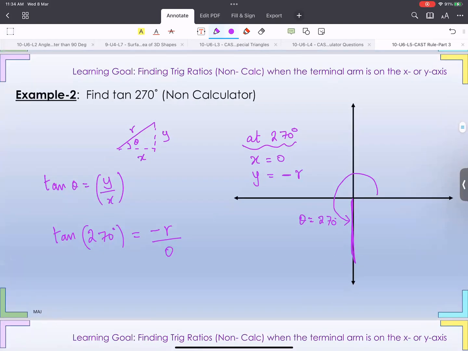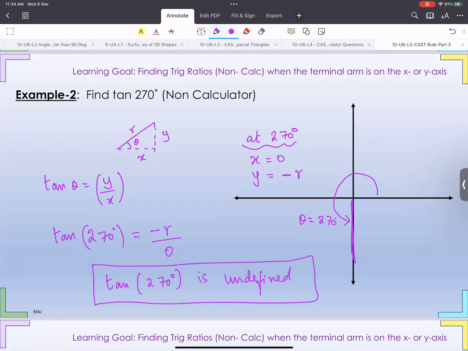So any number divided by 0 is going to give me an undefined value. So we're going to write that as tan of 270 is undefined. Okay. So that is tan of 270.